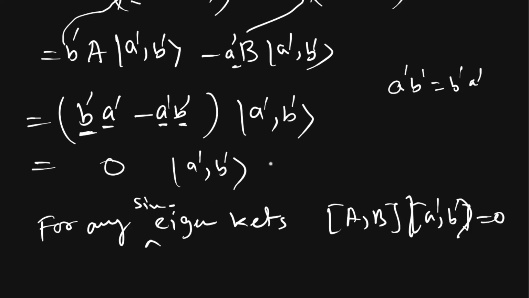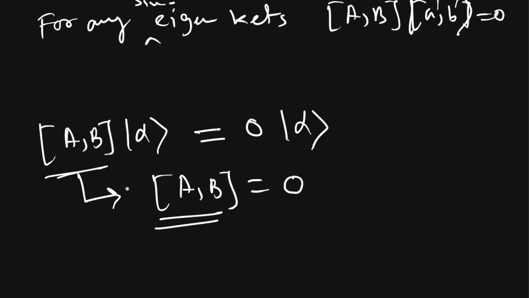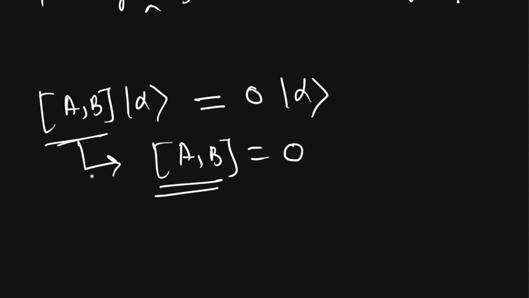That means it is nothing but a null operator, which means [A, B] is equal to 0. That means A and B commute. So we have proved that A and B are compatible operators.